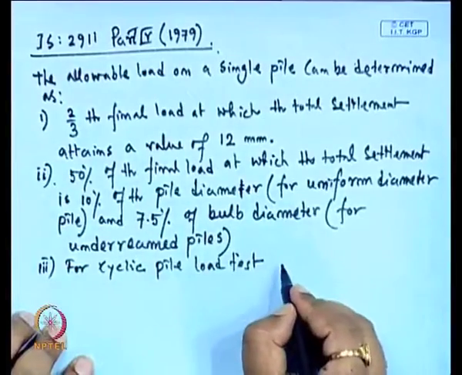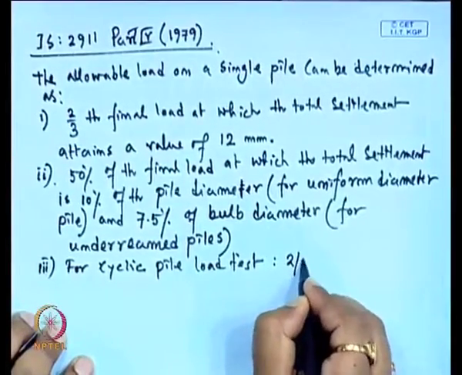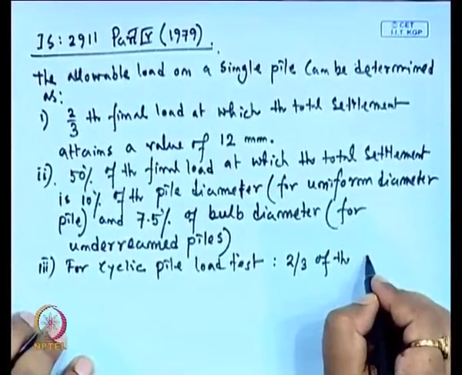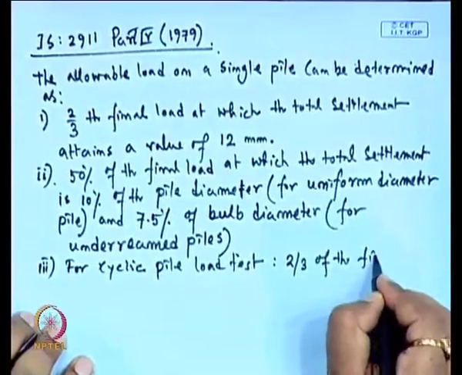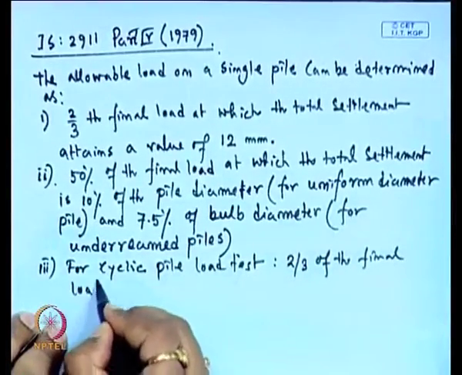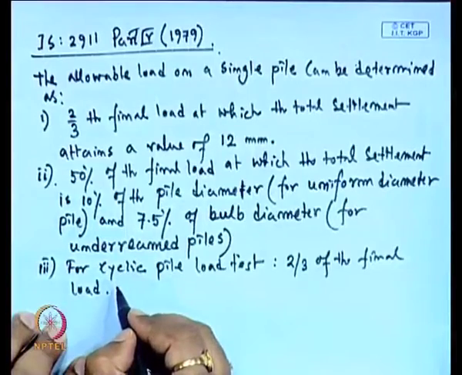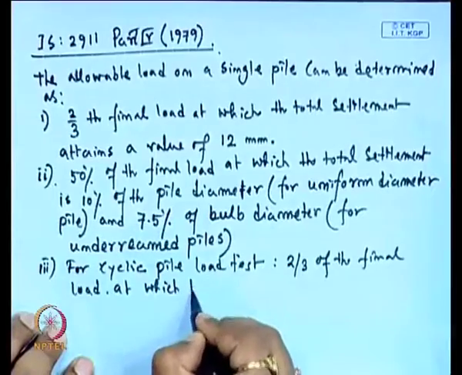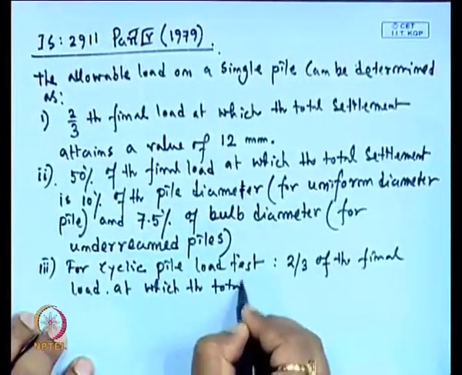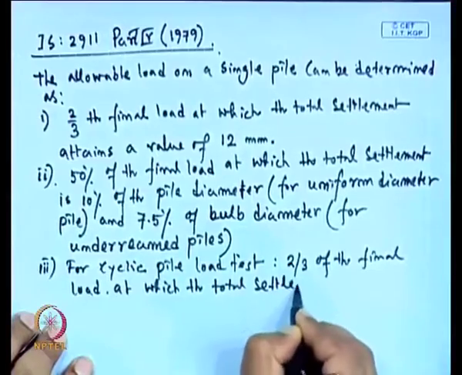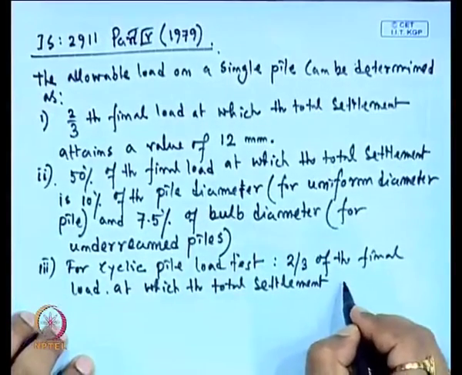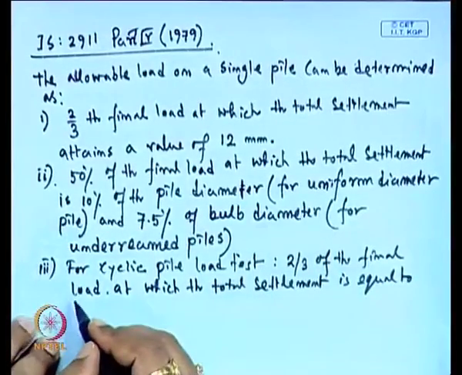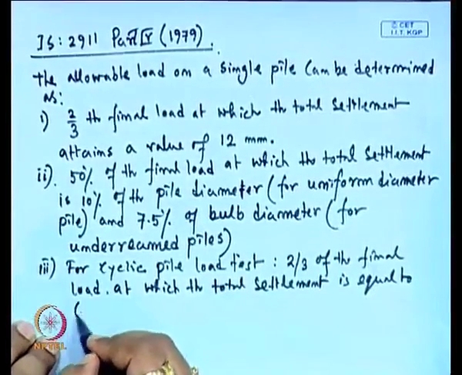For the cyclic pile load test, the condition is 2/3 of the final load at which the total settlement is equal to 6 millimeter.